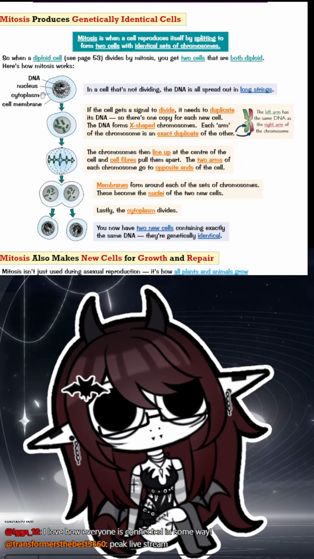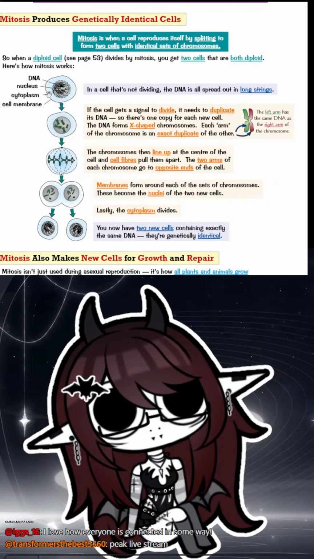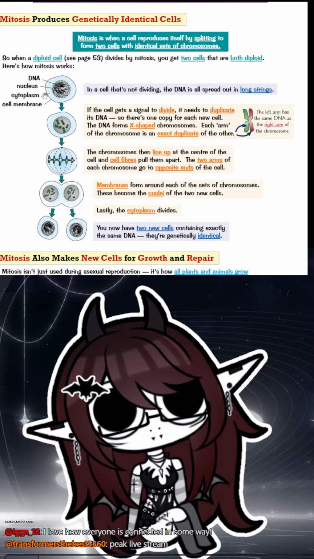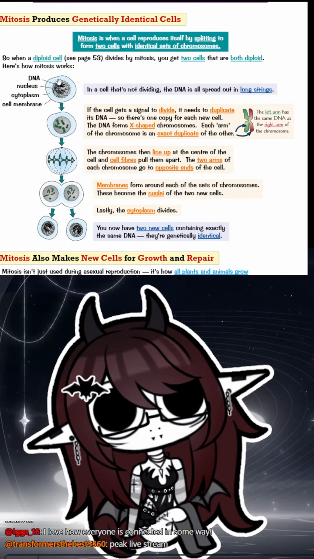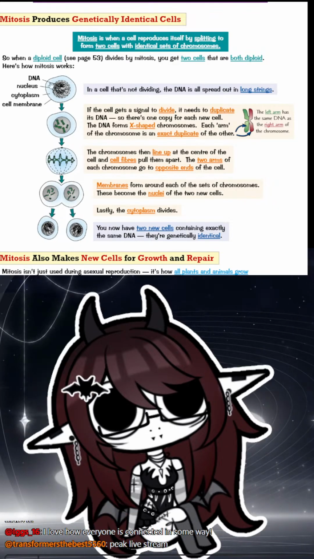Let's look at this little diagram. Outside here, the line at the very edge is the cell membrane. Inside, we have the cytoplasm, where most of the chemical reactions take place. And then we have the nucleus, which is this. The DNA is inside the nucleus, in the form of chromosomes.